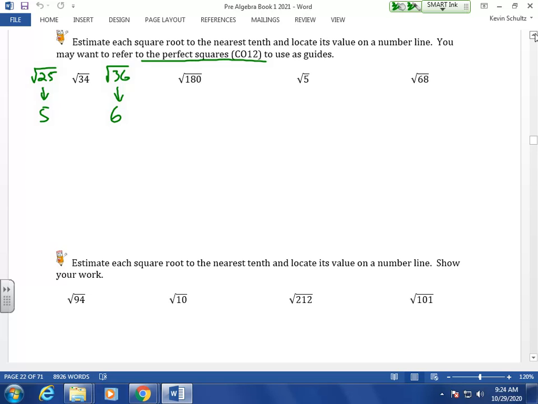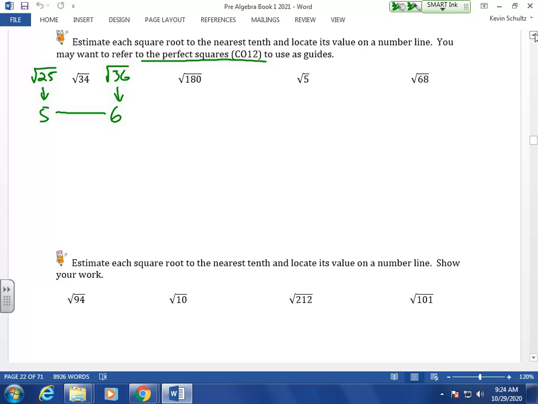So it stands to reason that because 34 is in between 25 and 36, root 25 and root 36, then the value of the root of 34 is going to be somewhere between 5 and 6. Because we're a little bit less than root 36, meaning we're a little bit less than 6. We're greater than root 25, meaning we're greater than 5.